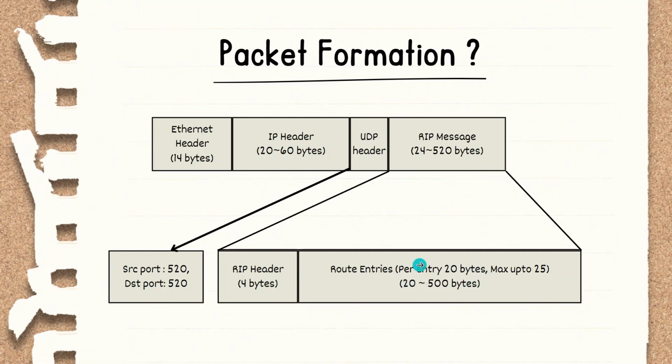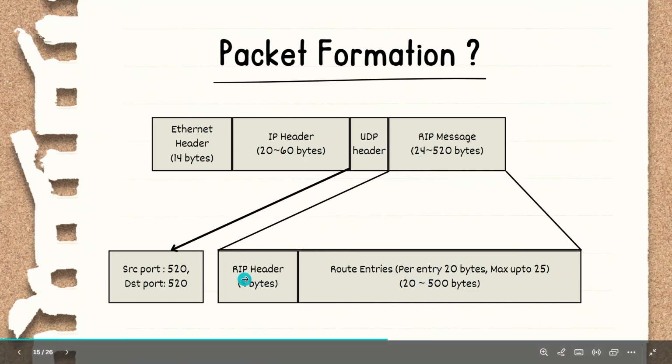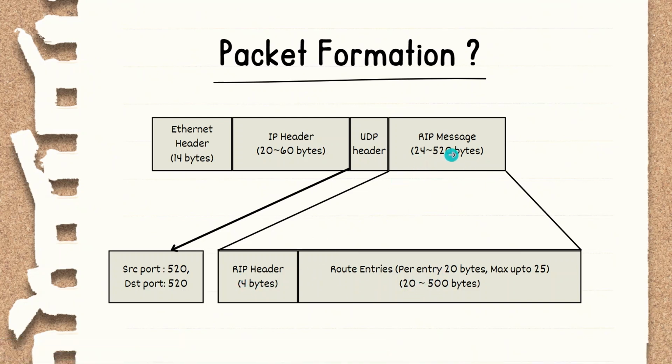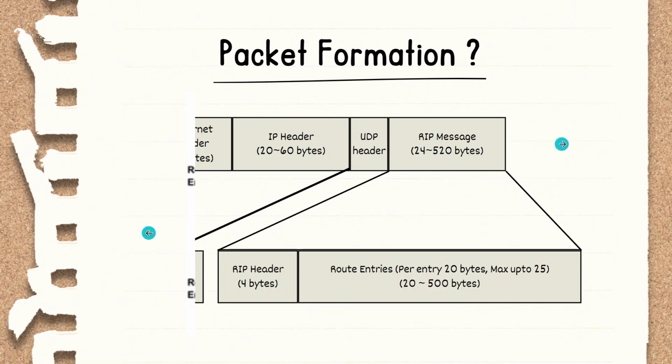Combining both of these, it ranges from a minimum of 20 plus 4, as 24 bytes, up to 500 plus 4. So it should be 24 to 504 bytes. Sorry, this was a mistake. So the packet formation happens like this.